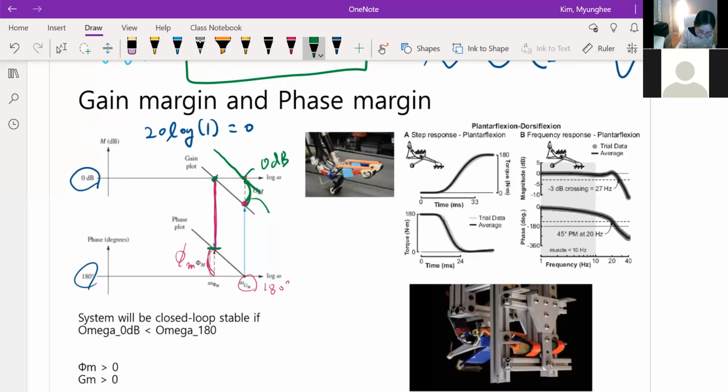And then gain margin is how much gain you can have before it reaches 180 degrees again.